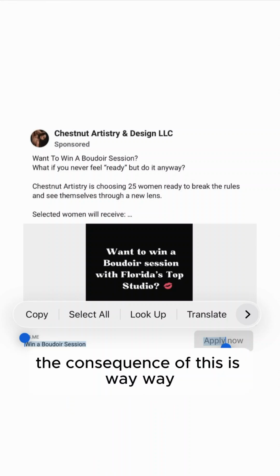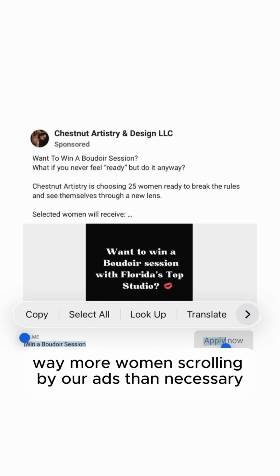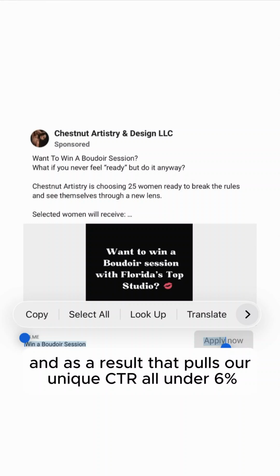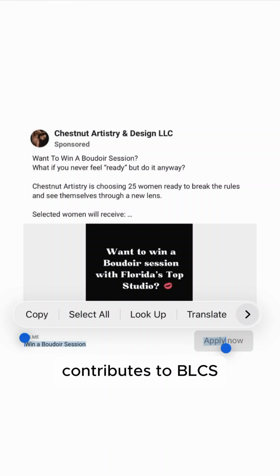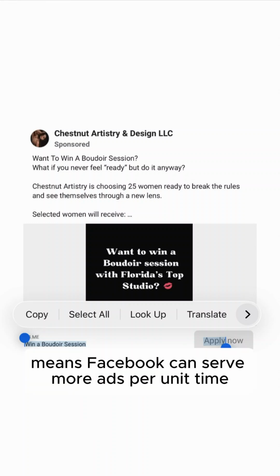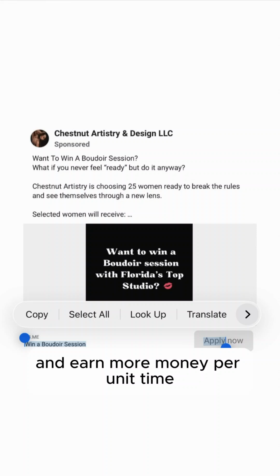The consequence of this is way more women scrolling by our ads than necessary. And as a result, that pulls our unique CTR under 6%, contributes to BLCS. Facebook's happy though. More women scrolling by our ad per unit time means Facebook can serve more ads per unit time and earn more money per unit time.